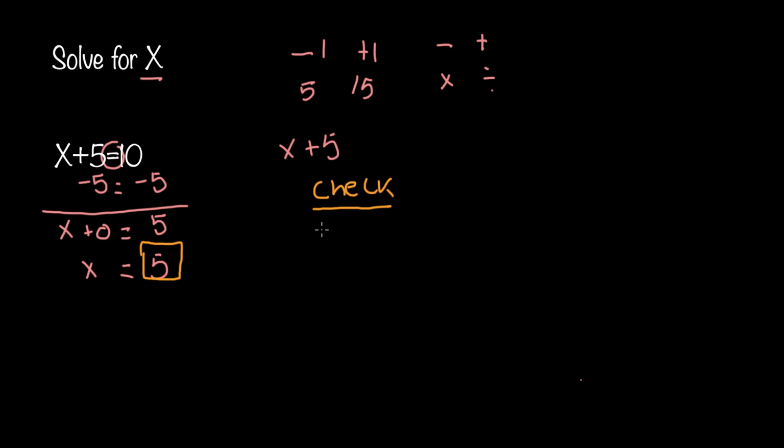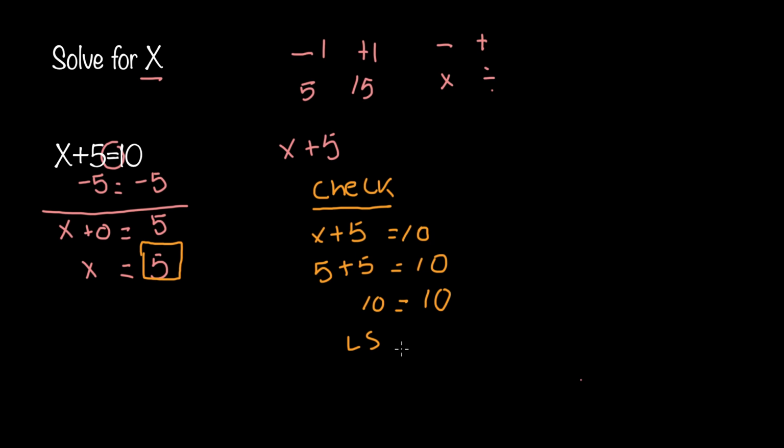So let's try this. x plus 5 is equal to 10. And then we're going to substitute in the 5 for the x. So we're going to get 5 plus 5 is equal to 10. And then we're going to simplify. So 5 plus 5 is basically 10, right? So that means that both sides are equal, and that's how you know that this equation holds true.